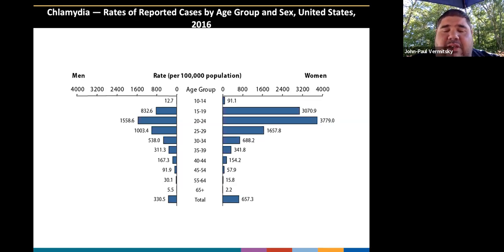And, you know, this has become such a problem for certain areas that the public health departments have had to come up with programs to go to senior citizen homes, nursing care facilities, to talk about practicing safe sex.